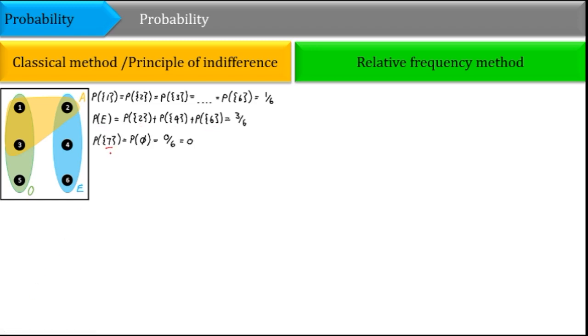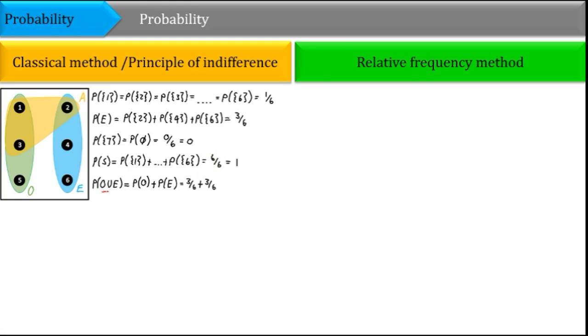Probability of getting the outcome 7, well, that's the empty event. In the empty event, we have 0 outcomes over 6 as the relative size, so that gives us 0. Probability of the sample space, we simply add the probabilities for all the outcomes, so we get 6 over 6, which is 1, which is obviously 100%.